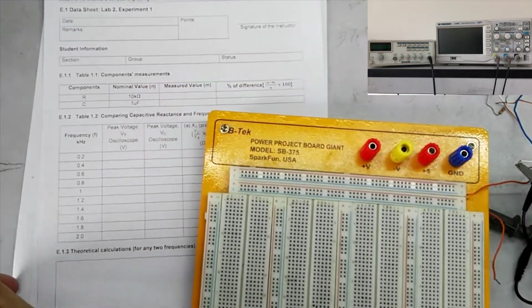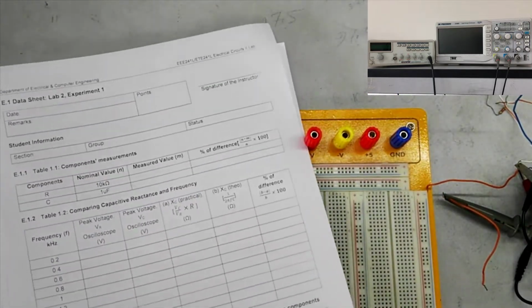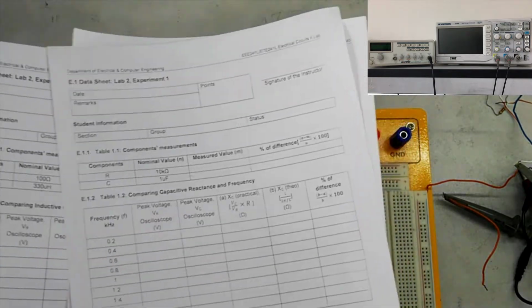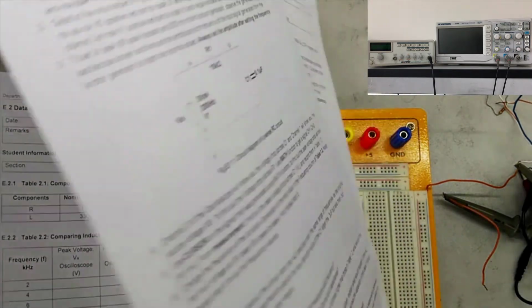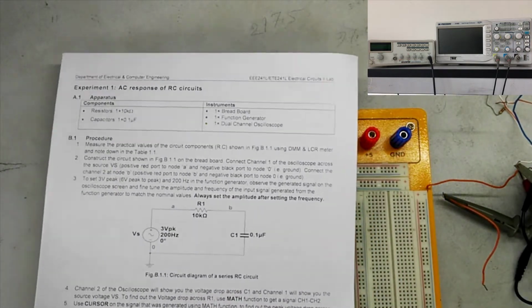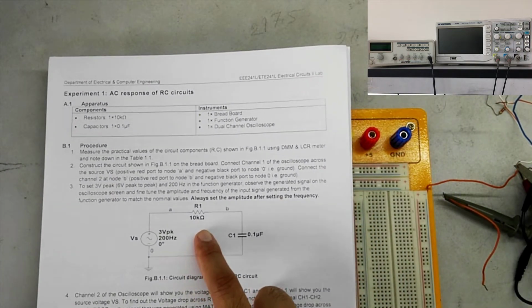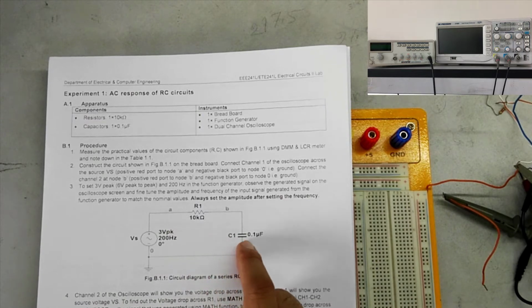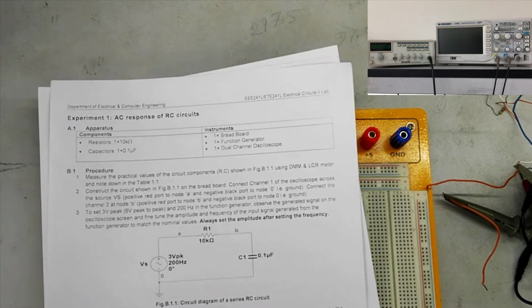So if we go back to our circuit diagram, we see a simple series circuit, 10K resistor and 0.1 microfarad capacitor. They are connected in series.